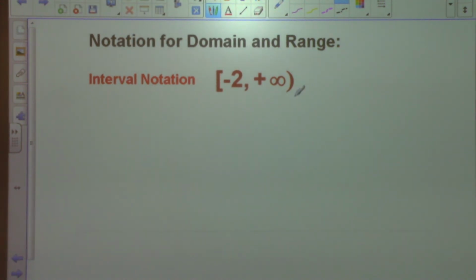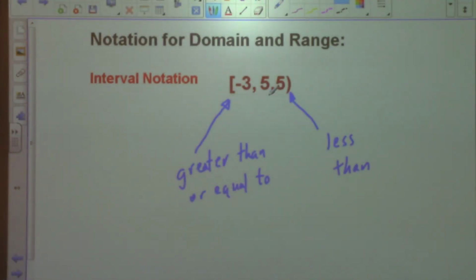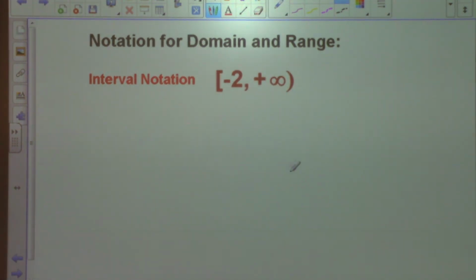This is an example of interval notation. You'll see something like this. This is an infinite interval. This last one here is an example of a finite interval. In our book, they use plus infinity, but usually people just write infinity to mean plus infinity.